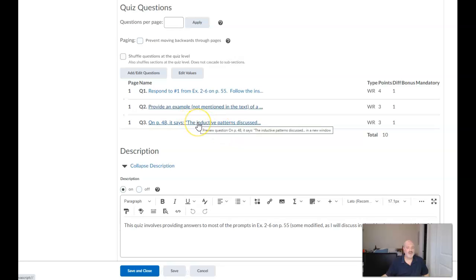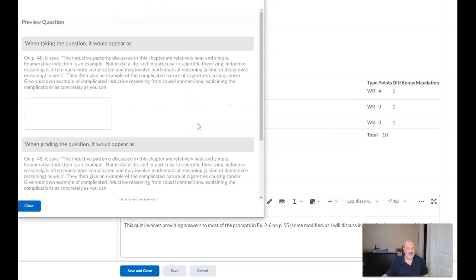And then the third question comes directly out of the text, where I quote page 48. This long quote comes from page 48. After talking about the complexity of induction, the book gives an example of the complicated nature of cigarettes causing cancer, and they describe why and how it's complicated.